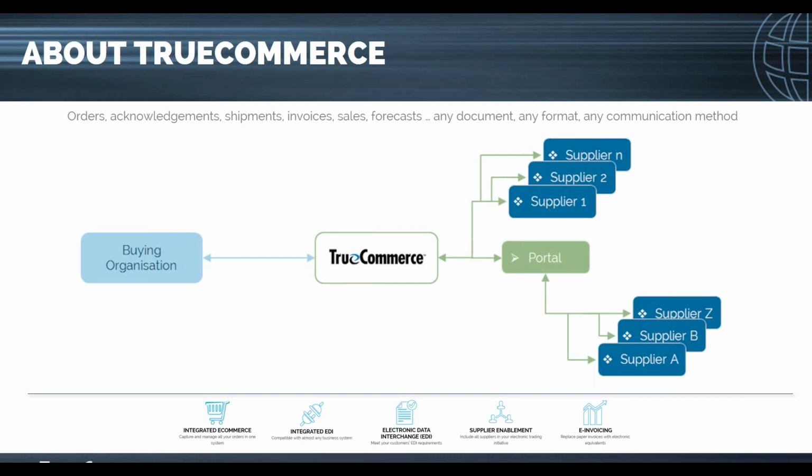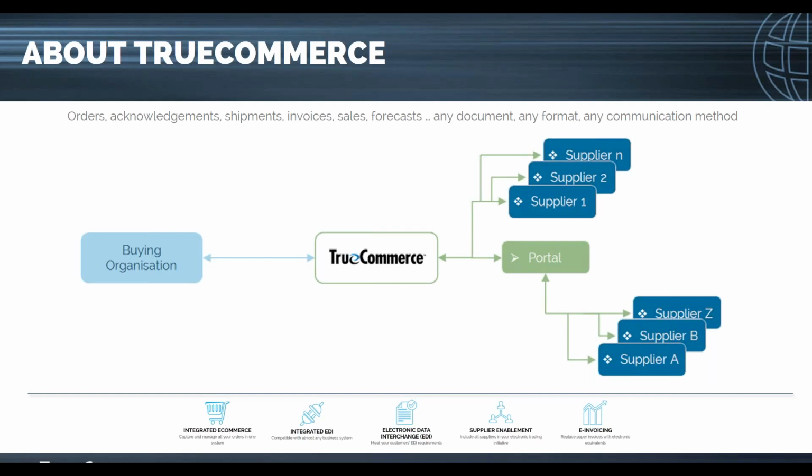Now, that's a really long-winded way of saying that retailers send orders to us in their preferred format. So they might generate them from their SAP system or their Microsoft system, or they might use an EDI format or XML format, whatever format they want to publish orders in. We take those and then we convert those orders into the format required by each supplier that needs to fulfill them.